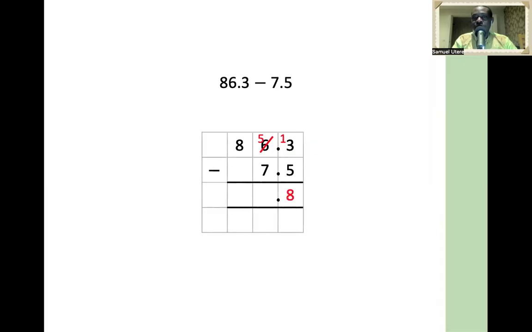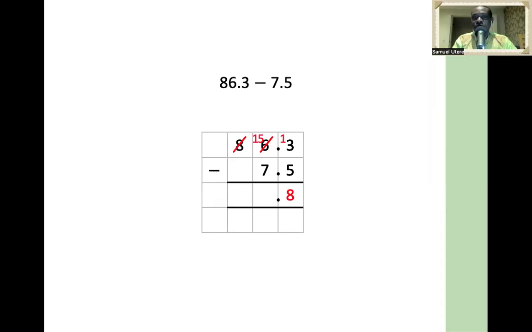All right. Now we want to subtract 7 ones from 5 ones. That won't be possible. So we need to make an exchange from the tens column. So if we do an exchange of 1 ten from the tens column, that will be equal to 10 ones.